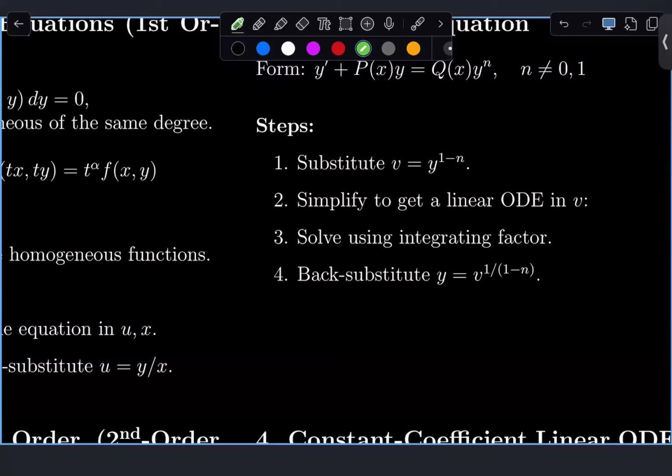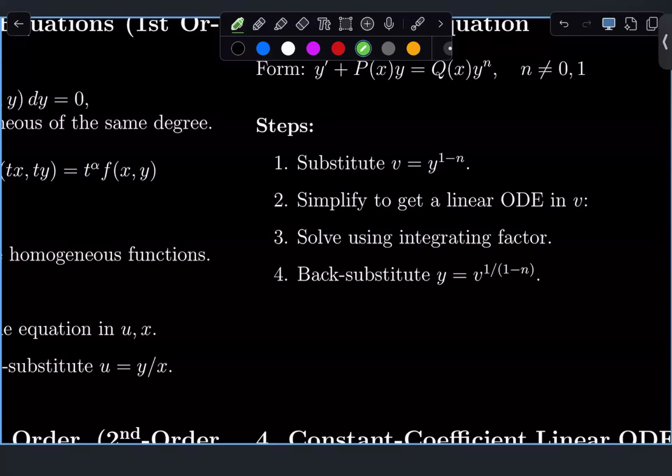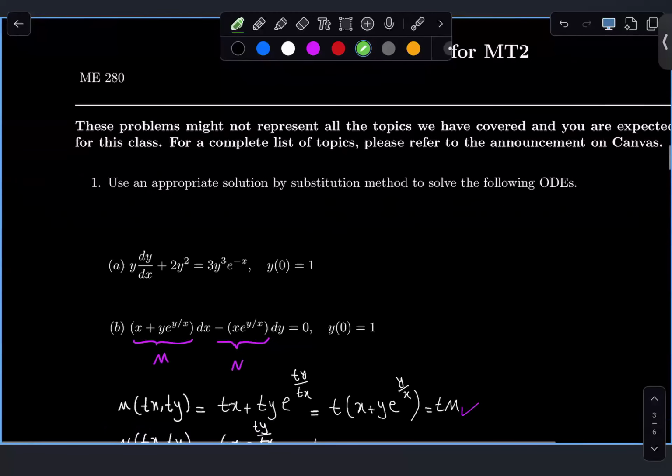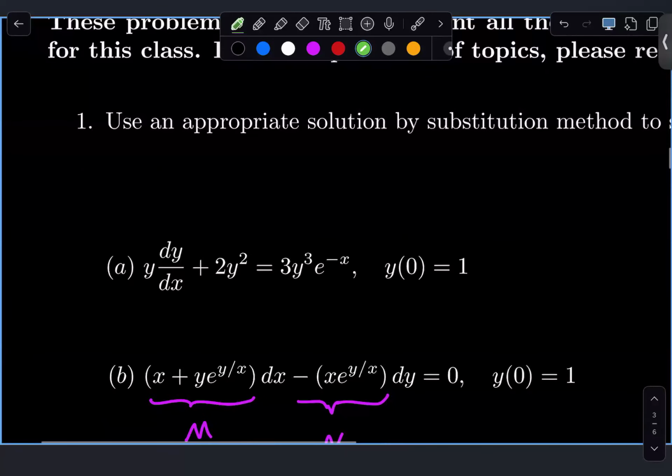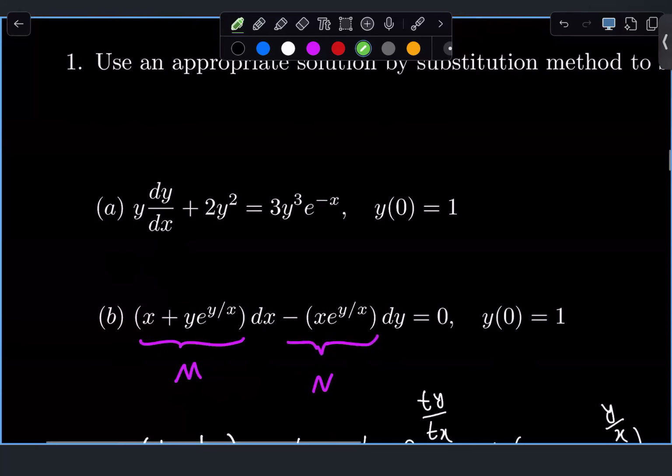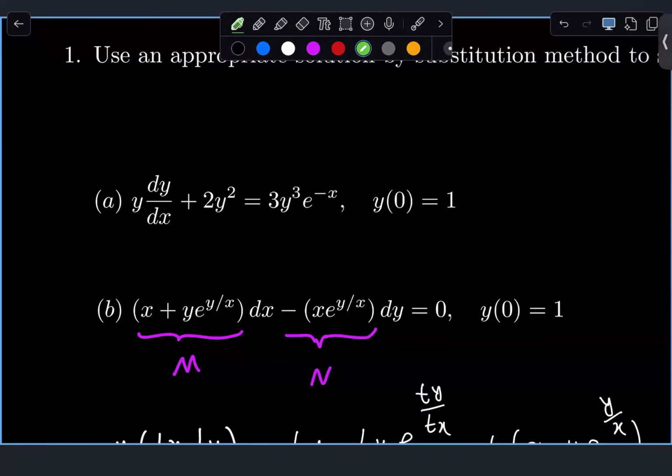So you're going to have both formula sheets, both midterm 1 and 2, okay? And then once you have the solution for v, you back substitute to get y, okay? So with that, now try to solve part A of problem 1, and that will be our last problem.